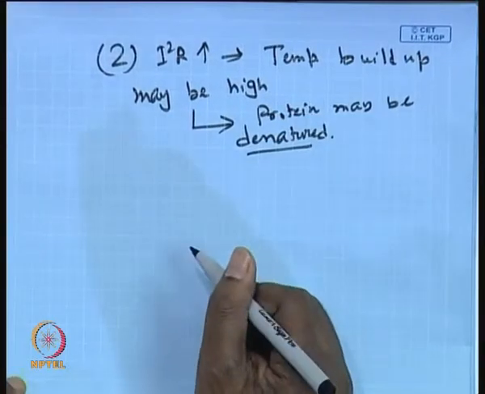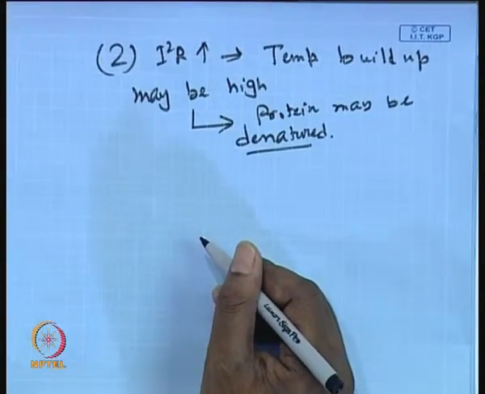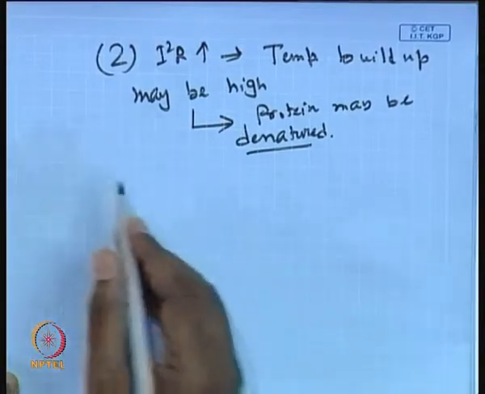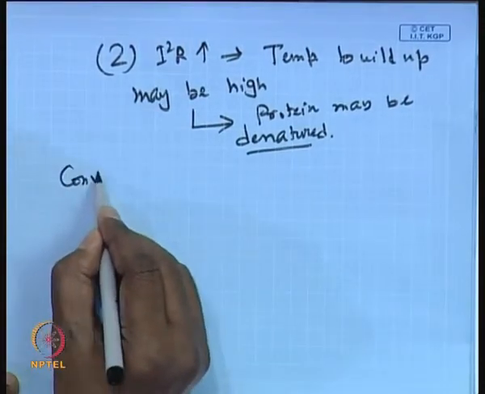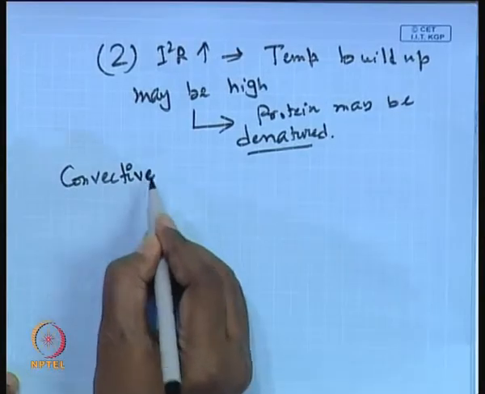Okay. Now, these two are the added complicating factors during electrophoresis, and let us look into the convective problem in more detail.